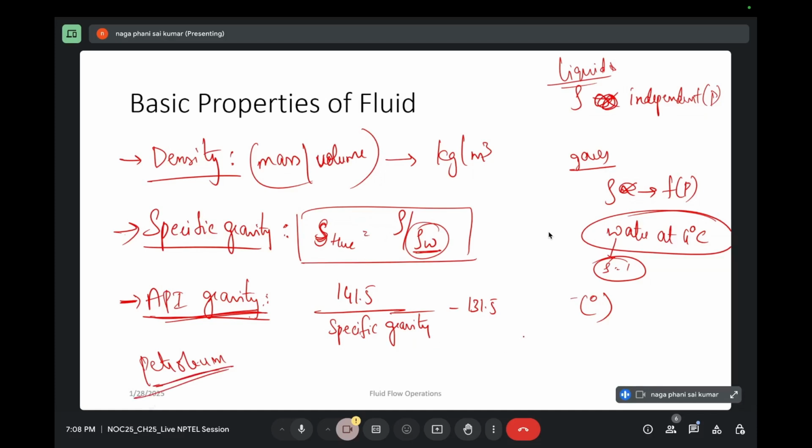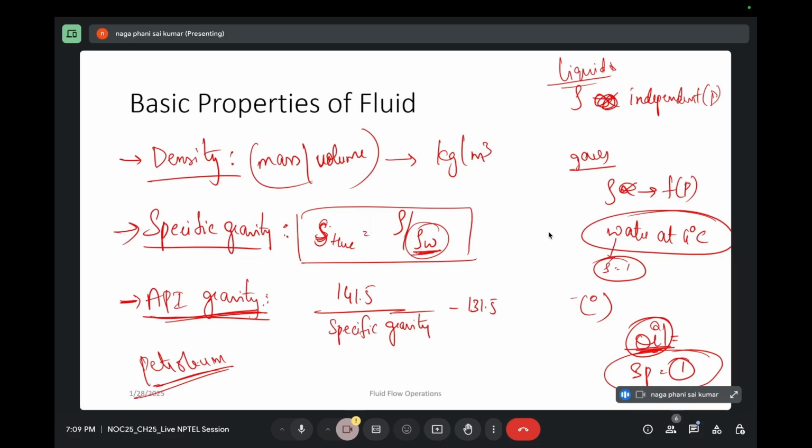Let's take an example of oil which has a specific gravity of 1. If the specific gravity of an oil is 1, then the density of the oil is equal to the density of water, because specific gravity is equal to density of liquid by density of water.